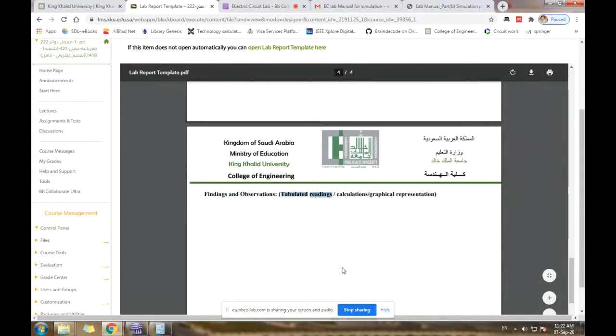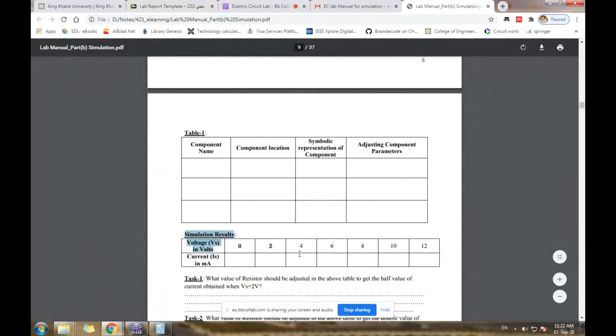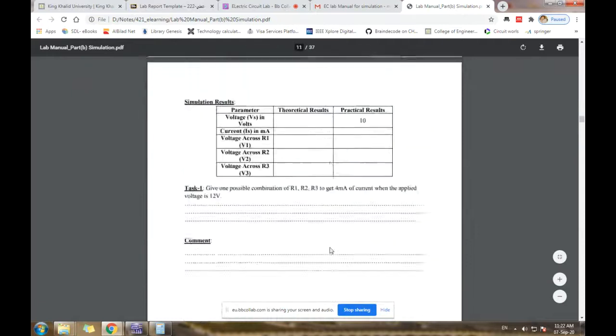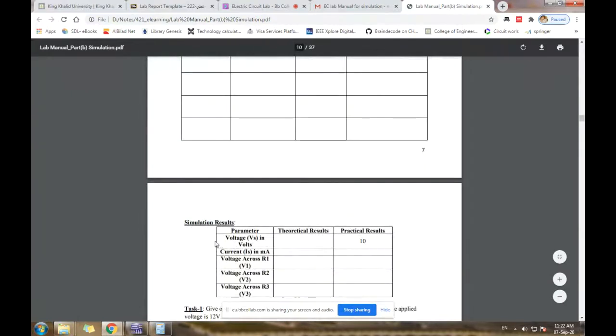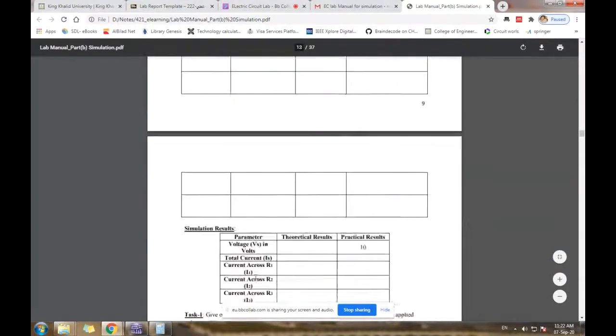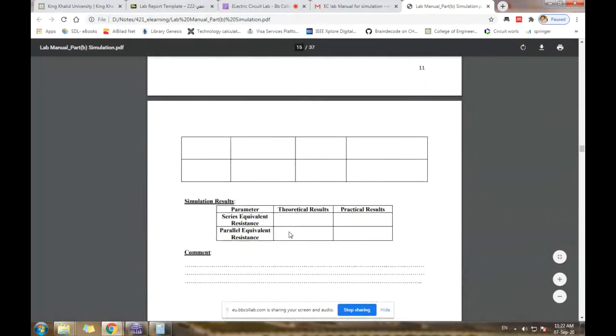You have to draw all the tables. You will draw the table for Ohm's law with the values, then the table for Kirchhoff's voltage law, then for Kirchhoff's current law, then for series and parallel.